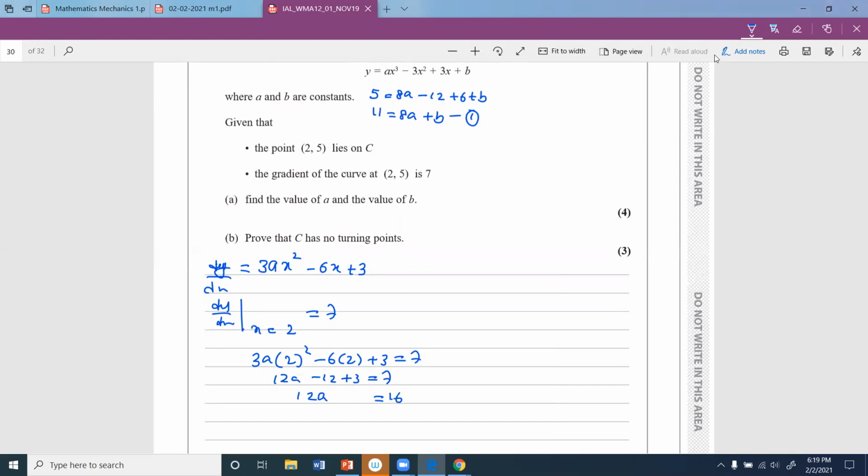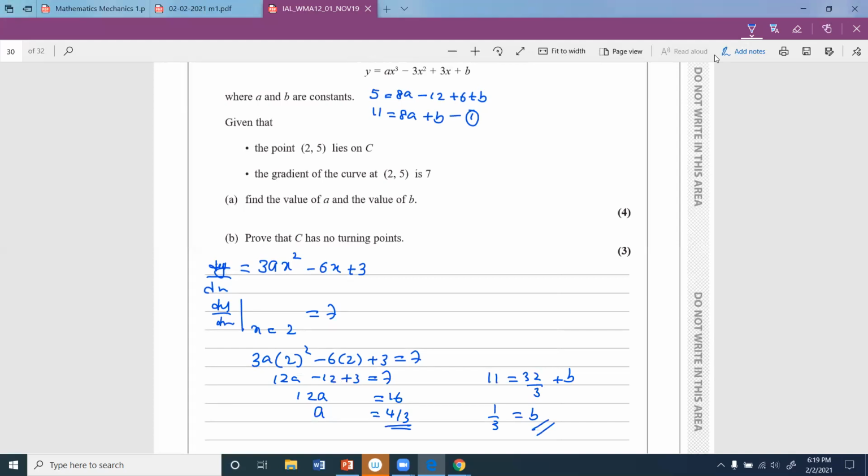It's 16. Therefore, a becomes 4 over 3. Then you know the a. Then from here you can write 11 equals 8 times 4 over 3 plus b. With this you can say b equals 1 over 3. That's the answer for that.